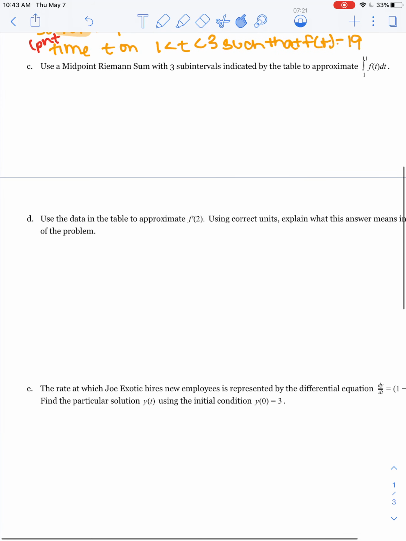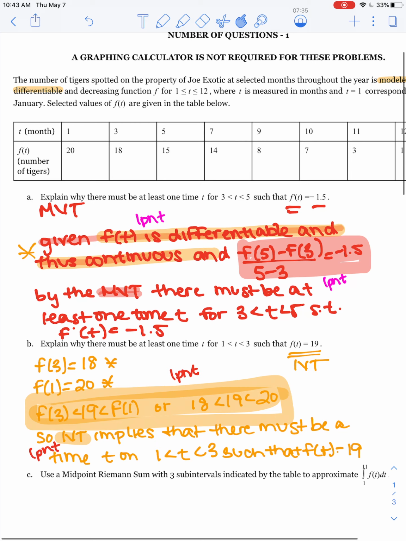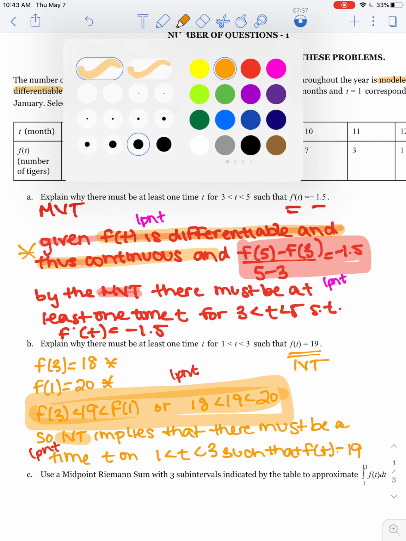All right, so C asks us to use a midpoint Riemann sum with 3 subintervals indicated by the table to approximate the integral from 1 to 11 of f of t dt. So I'm going to scoot back up to the table and take a look at that.